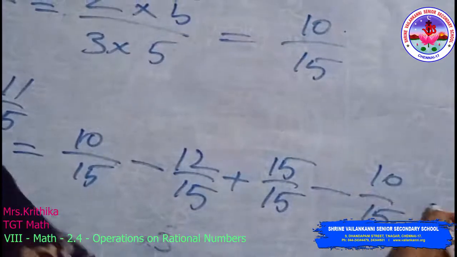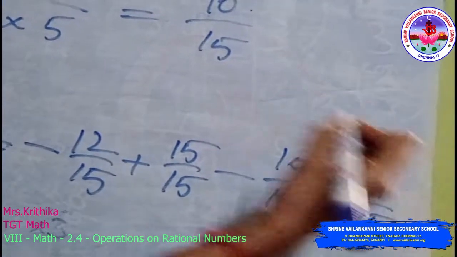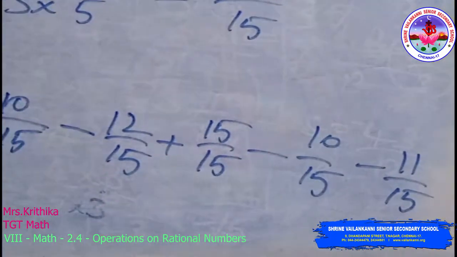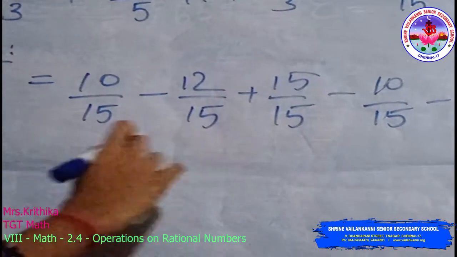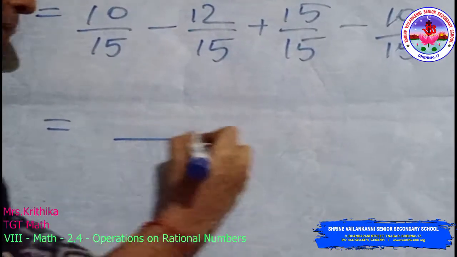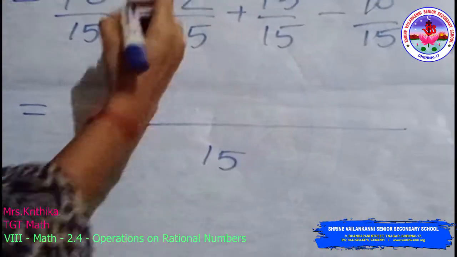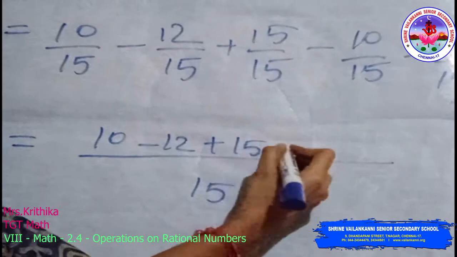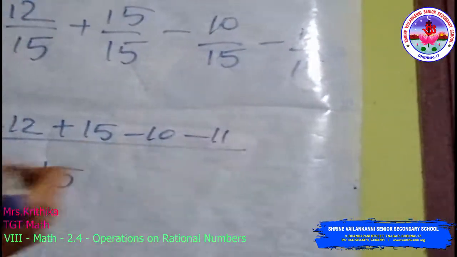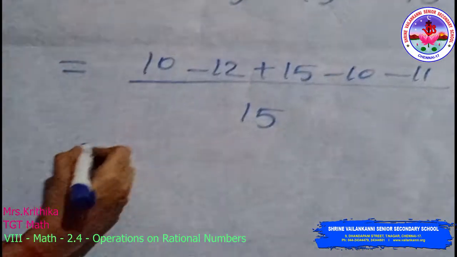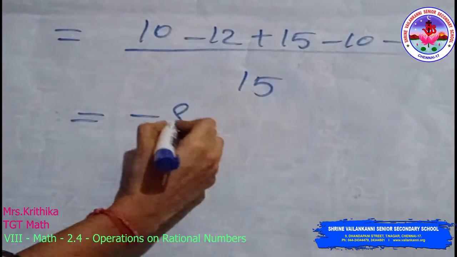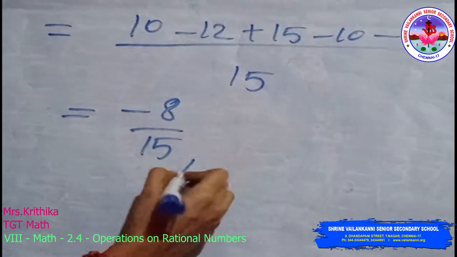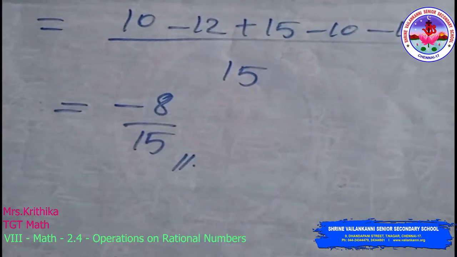The next value is negative 11 by 15. Now check: the denominator is the same. So taking the common denominator 15, the numerator is 10 minus 12 plus 15 minus 10 minus 11. The answer is negative 8 by 15.